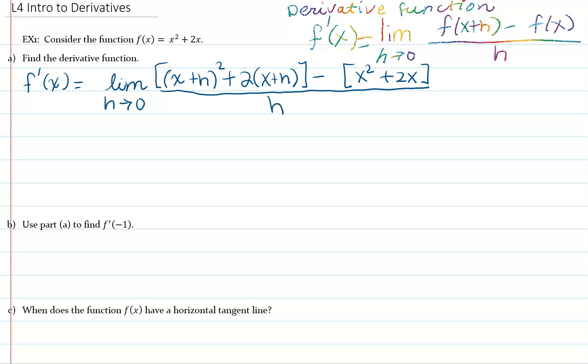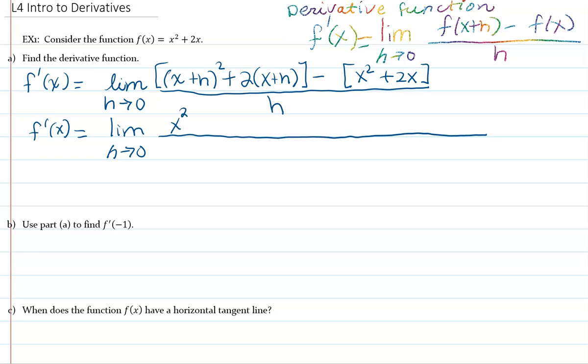Okay, so now all we have to do is to go ahead and clean that up. So that is equal to the limit as h goes to 0 of x squared plus 2xh plus h squared. That's the perfect square.